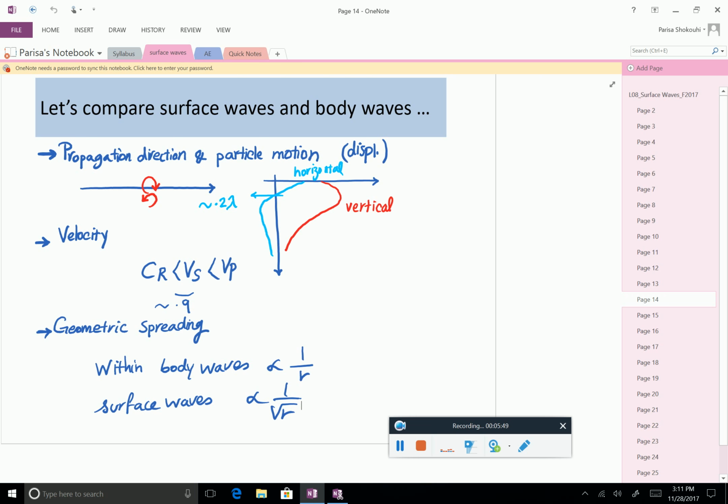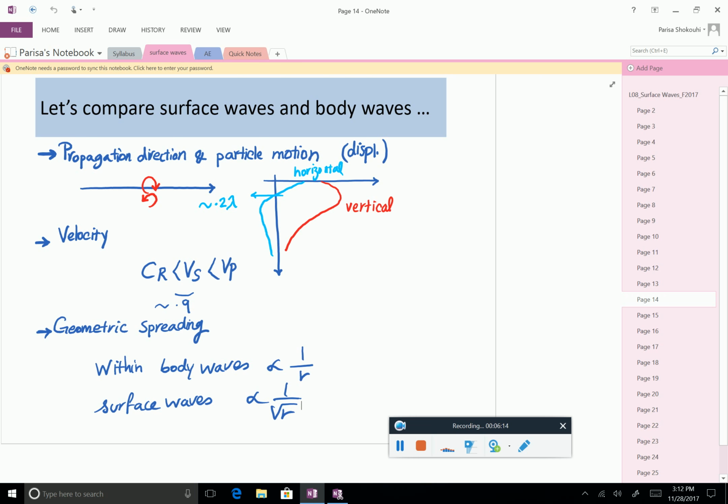And we also talked about velocity, developed some equations, and then we saw that the velocity compared to shear wave and compressional wave is faster or slower? Is the velocity of surface wave slower or faster? It's a little bit slower than shear wave, right? Do you remember the percentage on top of your head? 90%.